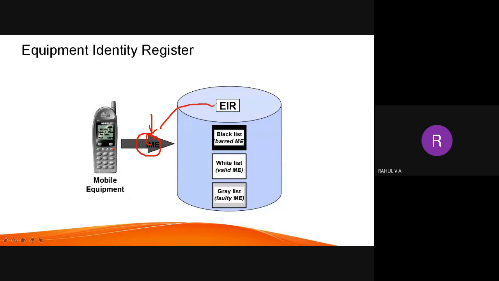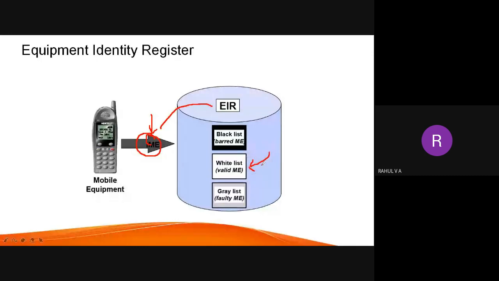Already all the equipment will be registered in the EIR. The equipment identity register will be searching for this particular IMEI number in this register. So if it is a valid mobile equipment, that means it is already registered, it will show in the whitelist.